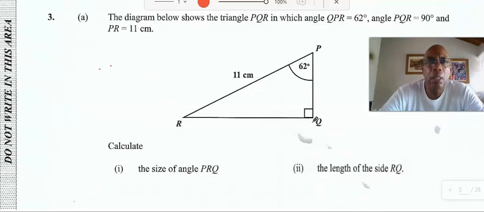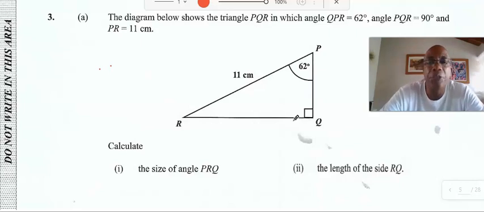Now, basic geometry really requires you to remember certain geometrical rules. And the most basic rule for a triangle is that the sum of the angles in any triangle equals 180 degrees. And so in order to get the value of angle PRQ, we have 2 angles already in the triangle, and we have to find the third angle. So we simply add the 2 angles and subtract the sum from 180.